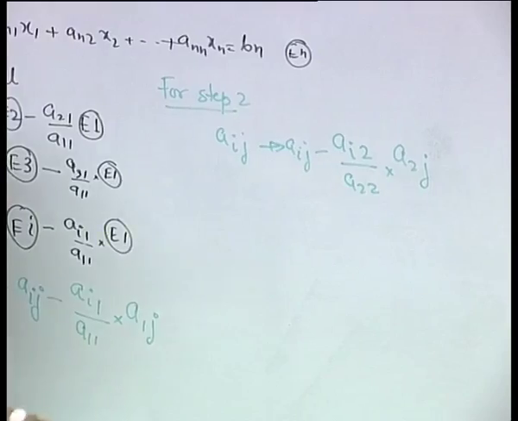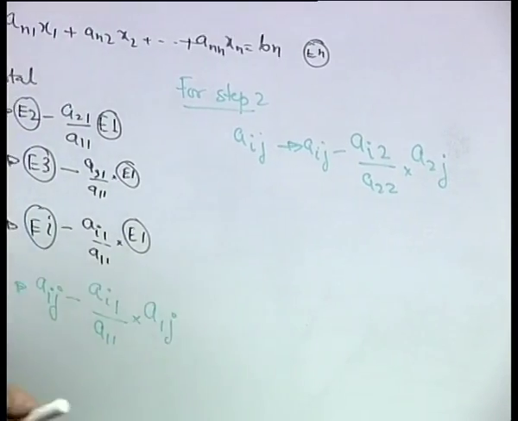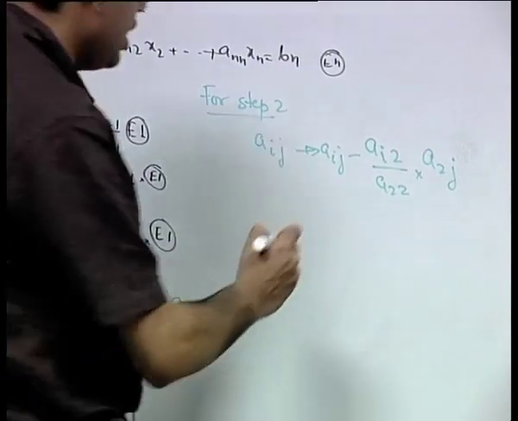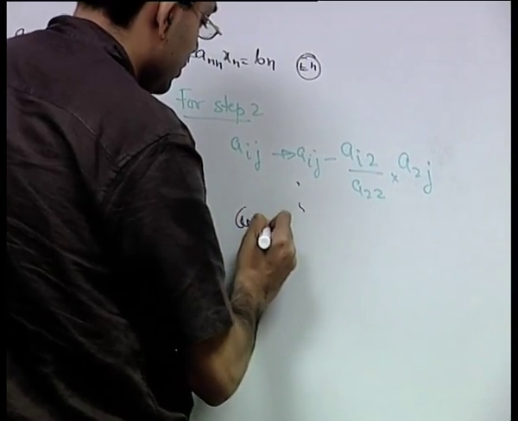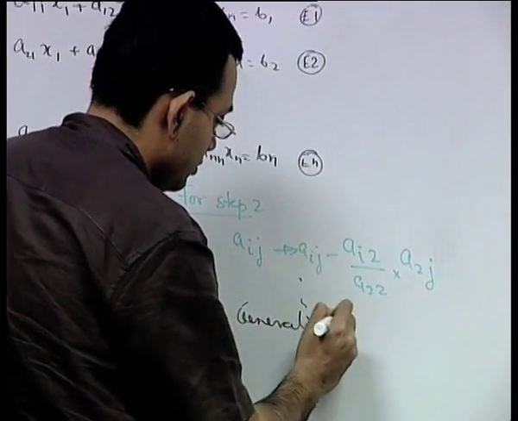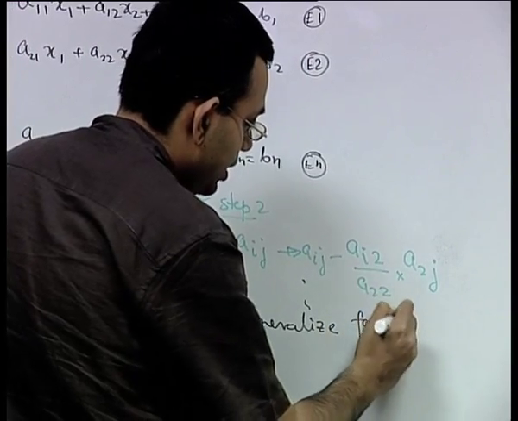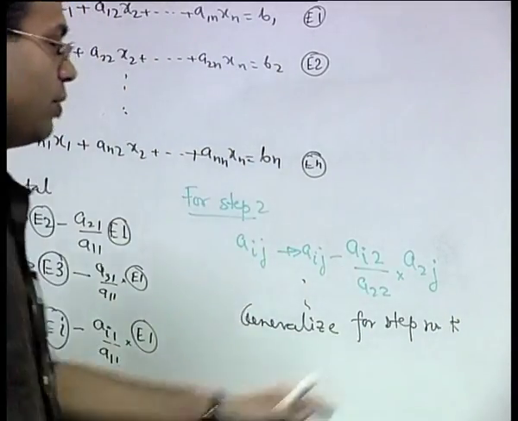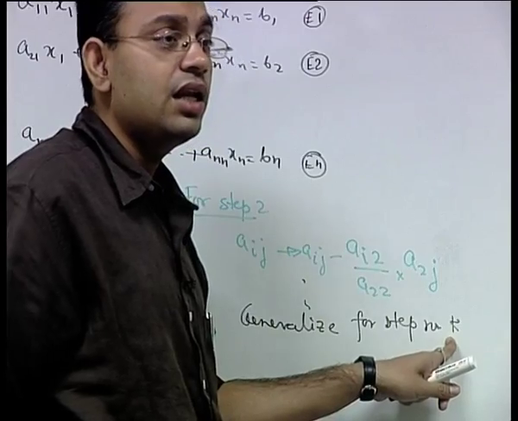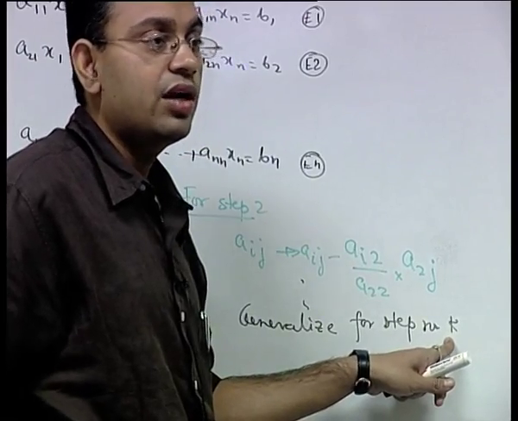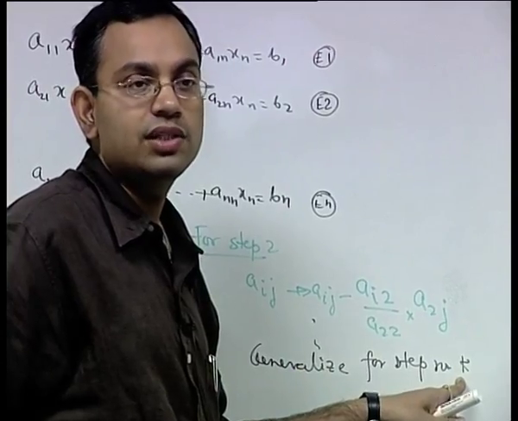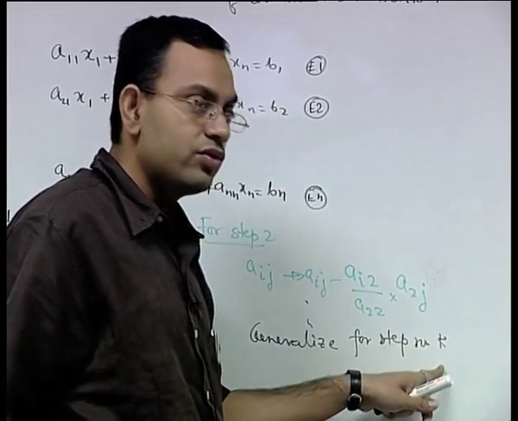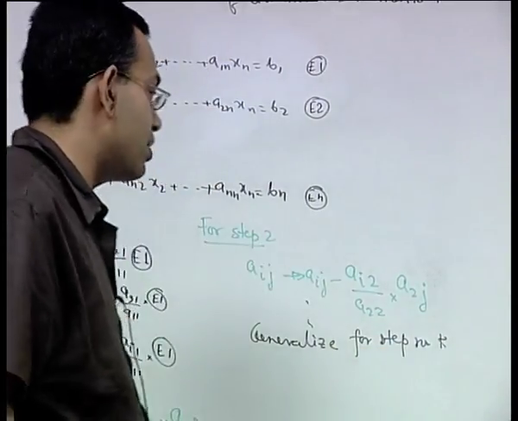So, in general, let us generalize for step number k. What does this k indicate? It indicates what the pivot is. So, k equal to 1 means that the first row is the pivotal row, k equal to 2 means the second row is the pivotal row, k equal to 3 is the third row pivotal row, and so on.